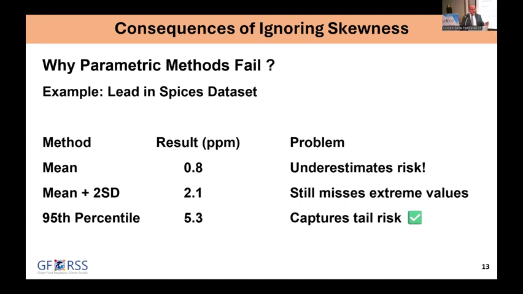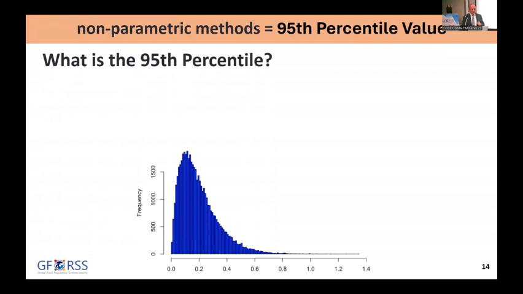If I'm assessing the lead in spice and I calculate the mean, it will be 0.8 ppm, for example, which is underestimating the risk. If I calculate the mean plus 2 standard deviations, it goes to 2.1. It's still missing extreme values. This is why I need the percentile, which can capture the tail risk, the most critical part of my data set, and we'll see it now.